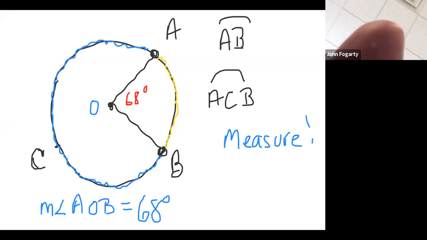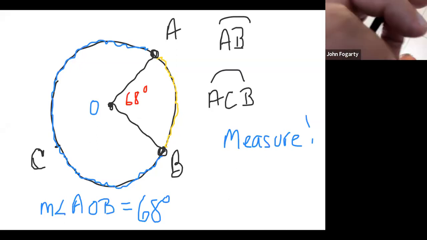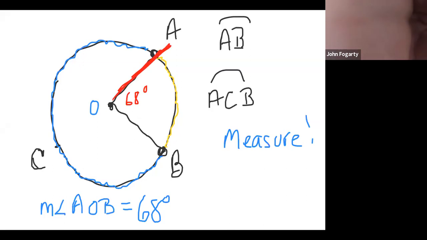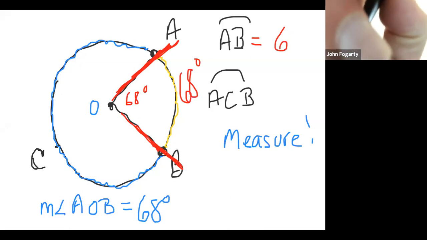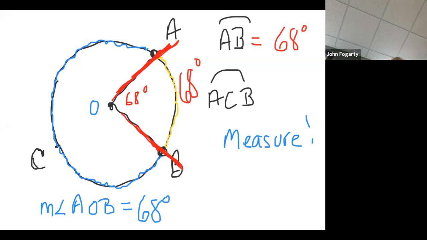The first rule that you have to understand is that the arc that is intercepted by this angle has exactly the same measure as the central angle. So the minor arc has the same measure as the central angle that cuts it.